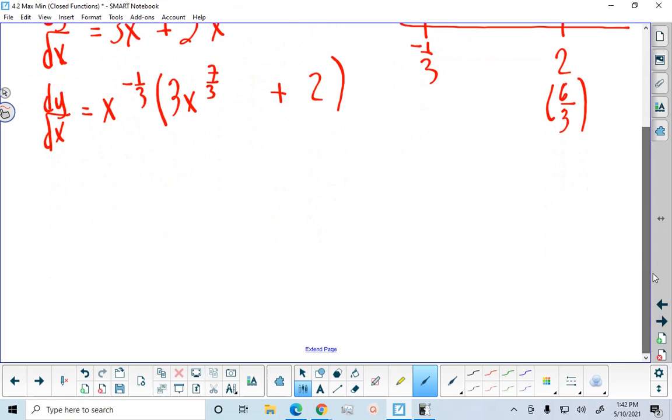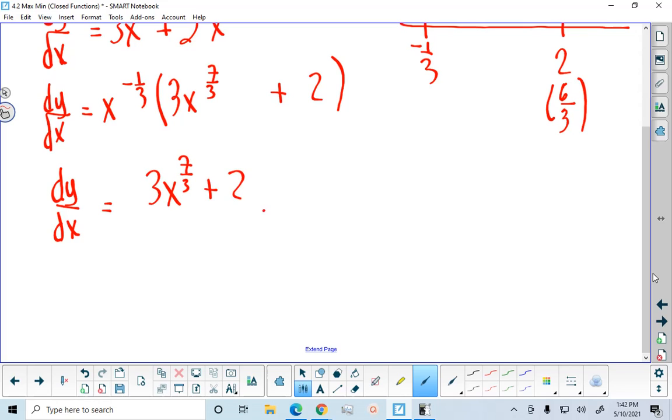That means my derivative can be expressed as 3x to the 7/3 plus 2 over x to the third. What are my critical values of x for the derivative? Well, 0, because if I put 0 into the denominator, I get 0 in the denominator, which makes the whole thing undefined. You cannot divide by 0.